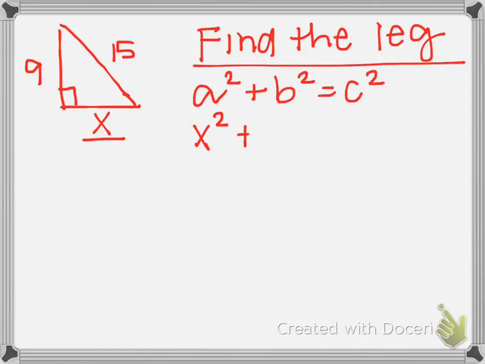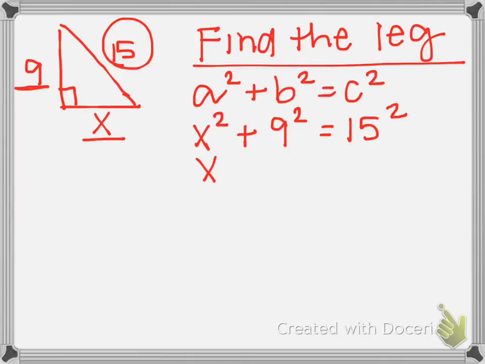And then my b squared will be my 9 over here, since that is the leg we have not used yet. And then my c squared is going to be my hypotenuse squared, which will give us 15 squared. Now we're going to have to do one extra step on this problem.